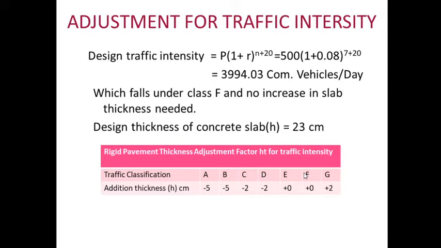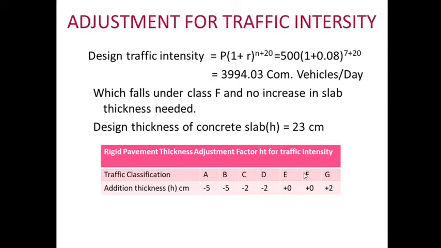If traffic classification A means the number of commercial vehicles per day is only 0 to 15, that's why we reduce the slab thickness by 5 centimeters. Whereas G is the expressway and the number of commercial vehicles per day is greater than 4,500. That's why we add 2 centimeters.